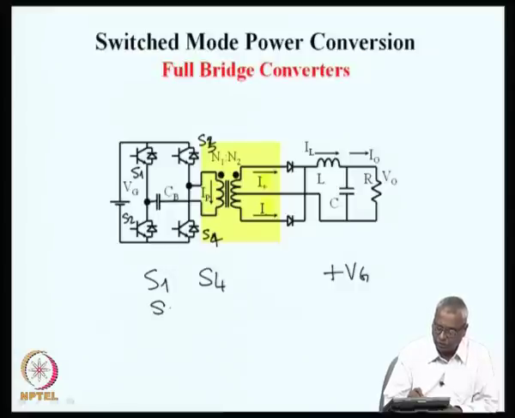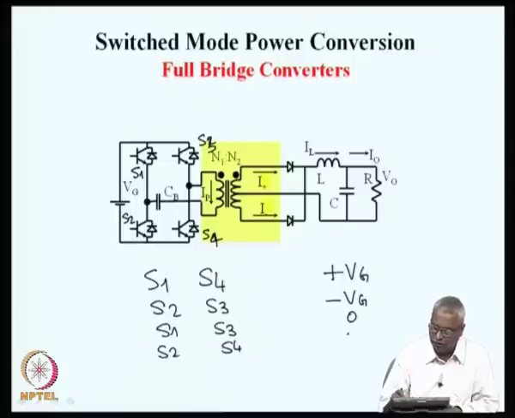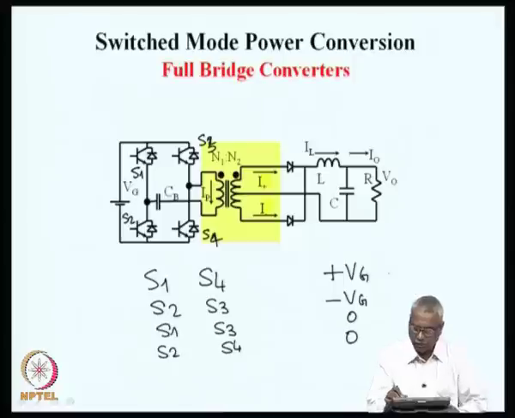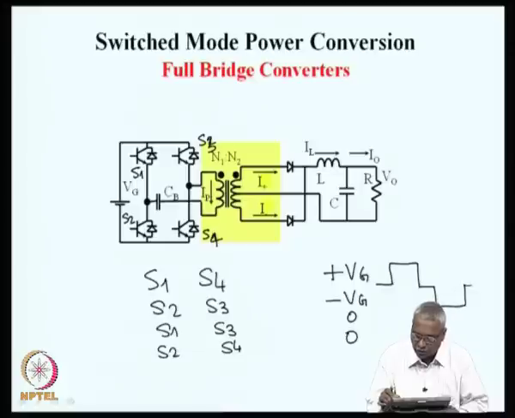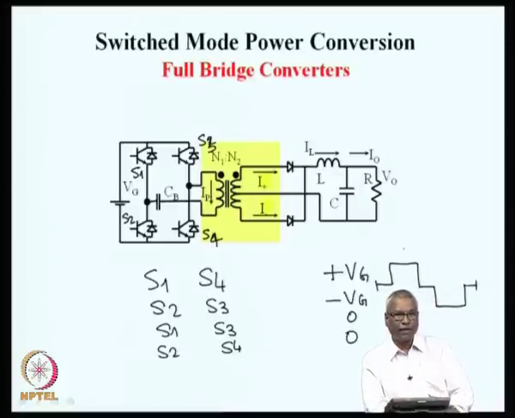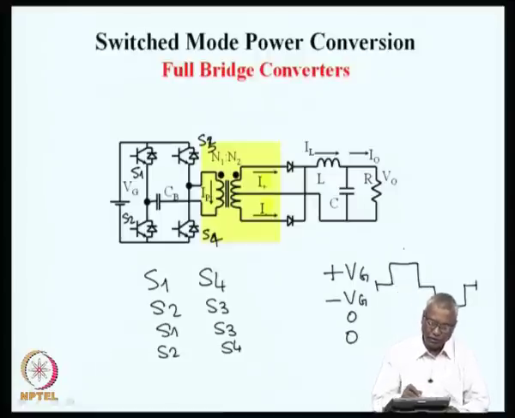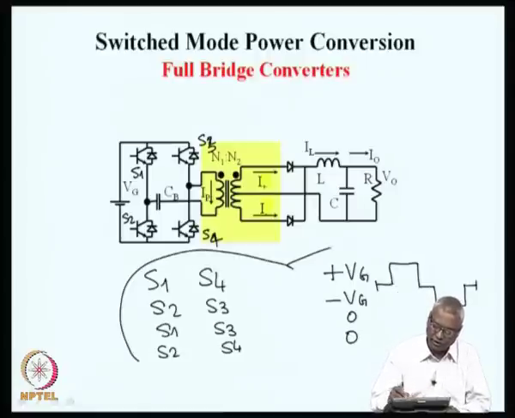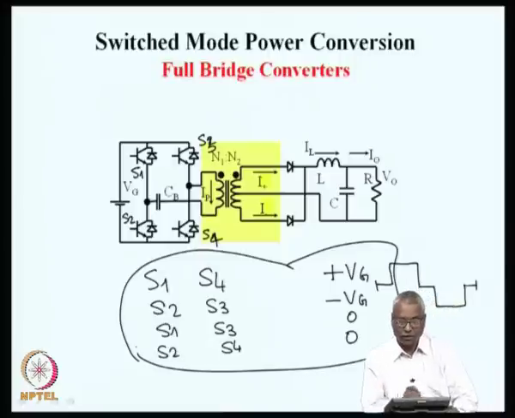Then S2 and S3 give an output voltage of minus Vg. S1 and S3 on gives 0 voltage. S2 and S4 on gives 0 voltage. So, it is possible now, by appropriately modulating, to get a voltage across the primary which will be plus, 0 and minus. Now, in a full bridge converter, this is how the pulse width modulation is done to get a square wave AC voltage which is symmetric.